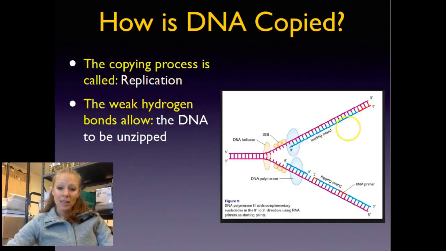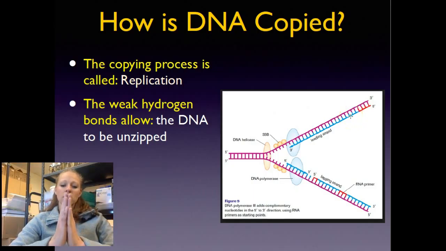The part of the DNA that allows for this is the weak hydrogen bonds. If you remember the structure of DNA, there are two anti-parallel strands, and there's a weak hydrogen bond which allows for the molecule to be split apart, just as we see right here.